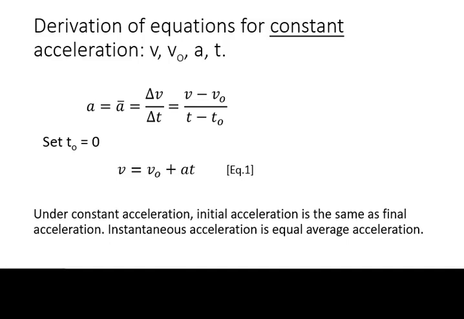We start with the definition of acceleration. Under constant acceleration, the acceleration at any given time is the same as average acceleration, which is defined as the change in velocity over change in time.